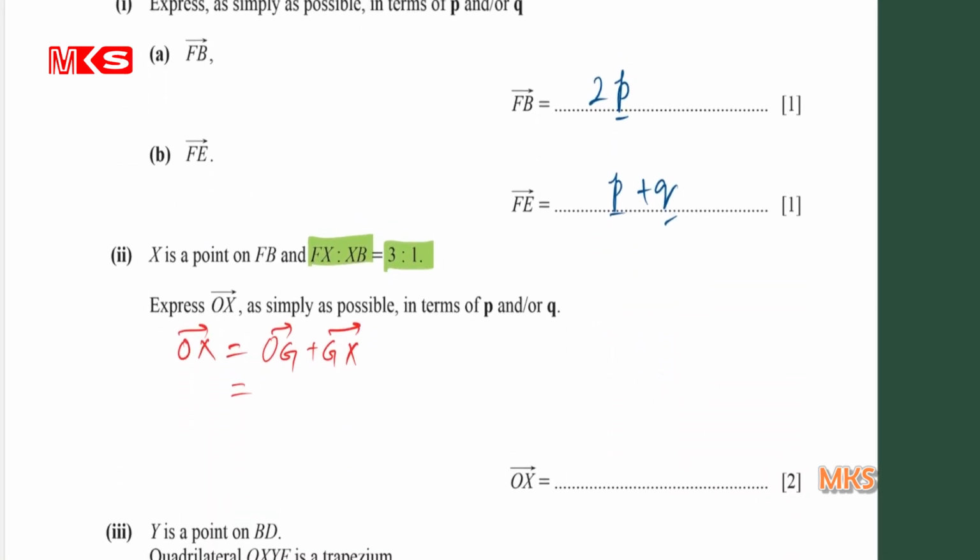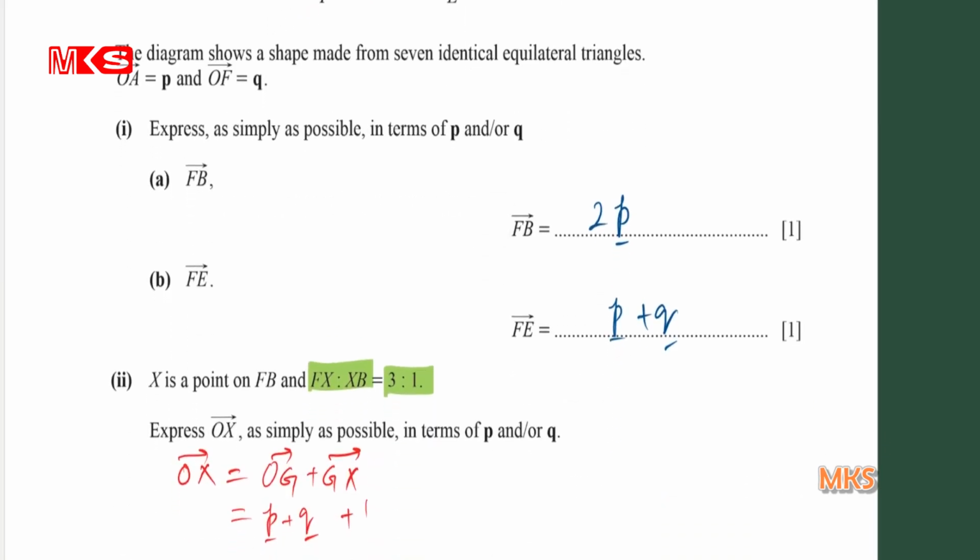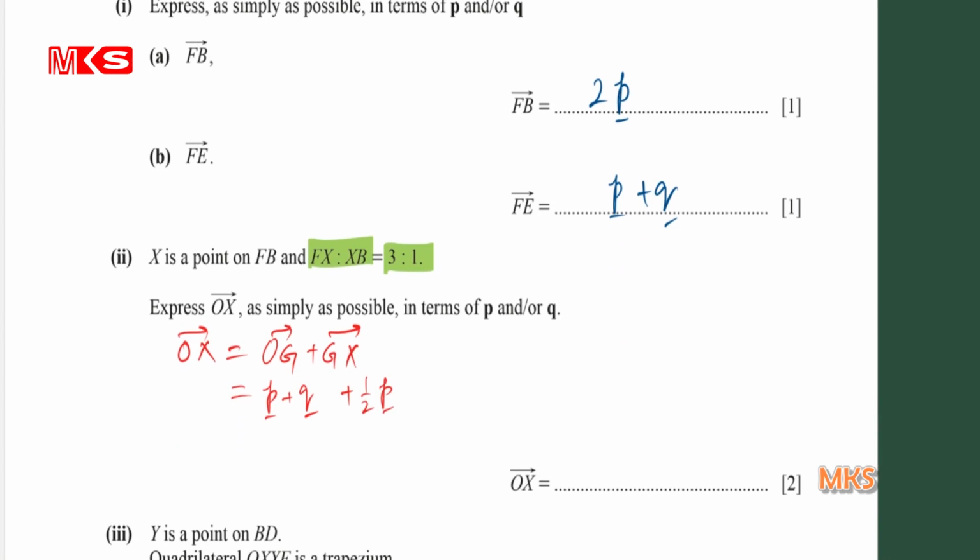OG is P plus Q, and GX is half of P. So P plus half P is 3 over 2 P, plus Q. So 3 over 2 P plus Q will be OX in terms of P and Q, in simplified form.